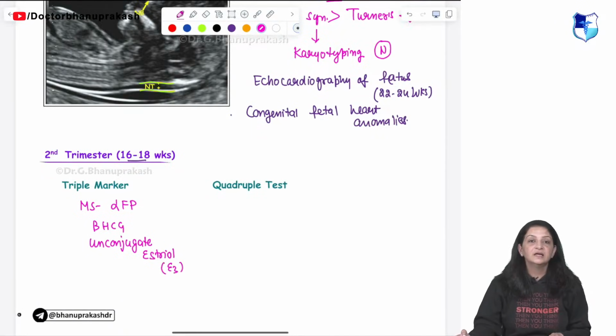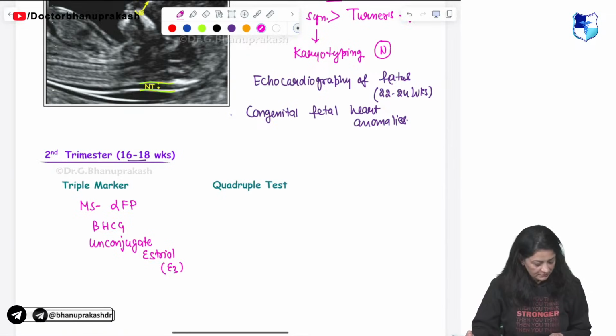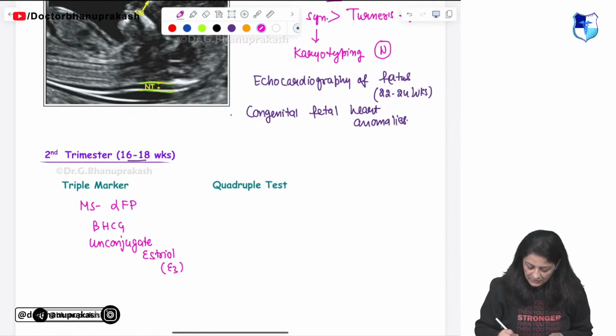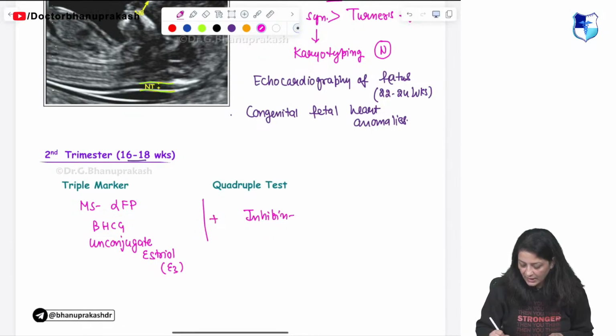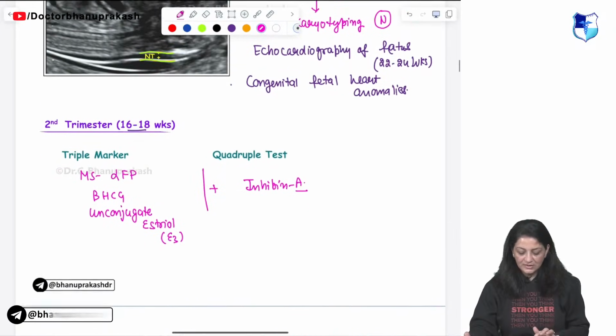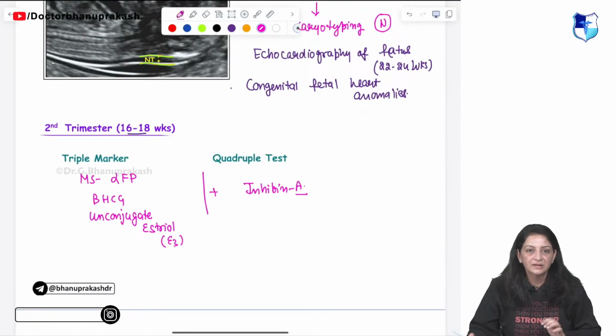These are called the triple marker test. For the quadruple test, just add inhibin A.